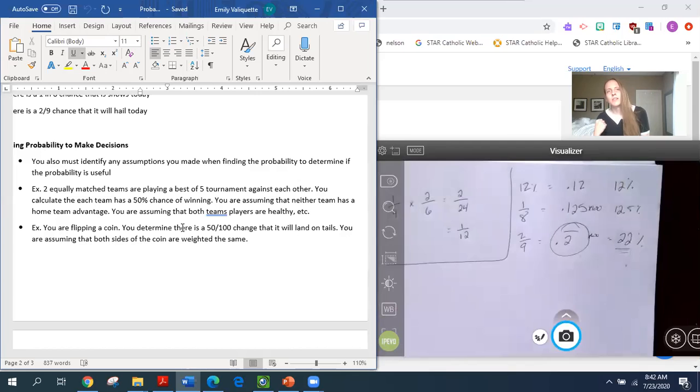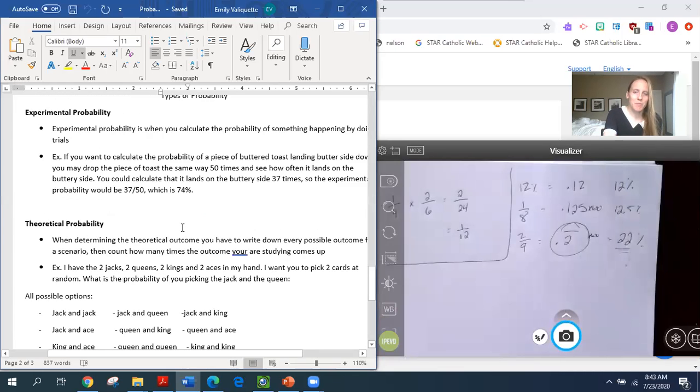If you're trying to figure out the chances of your opponent picking rock in rock, paper, scissors, you assume that they don't have a predisposition to always picking scissors or something like that. If you have 2 equally matched teams playing a best-of-5 tournament against each other, you might calculate each team has a 50% chance of winning, but you're assuming that there's no home team advantage and that all of the players are healthy and stuff like that.